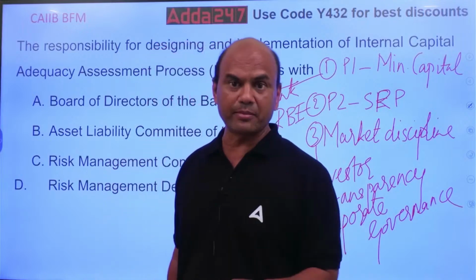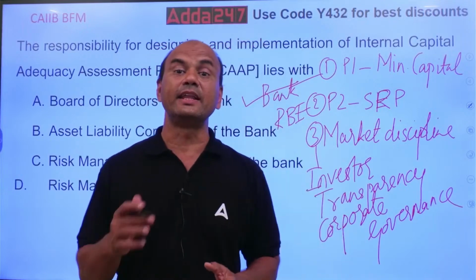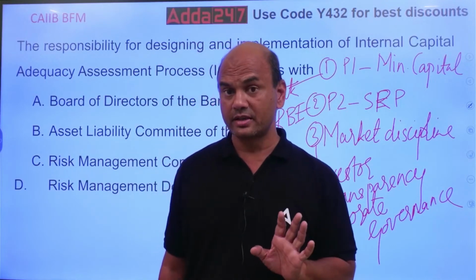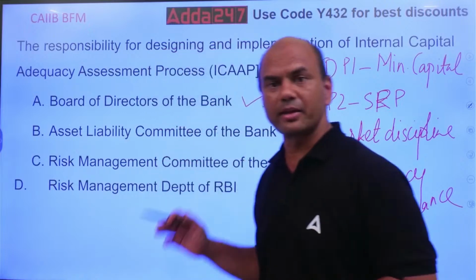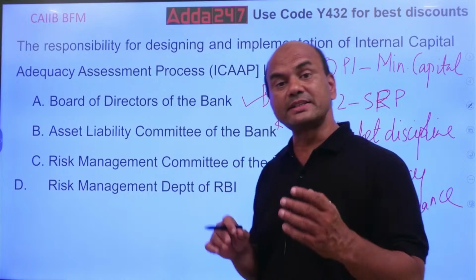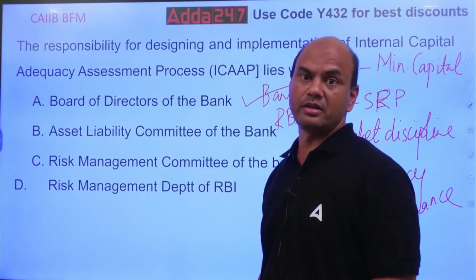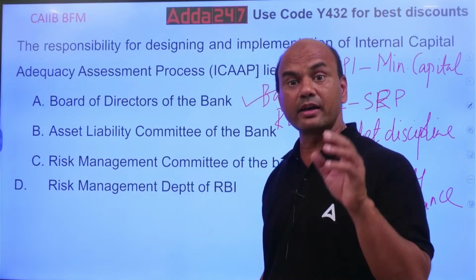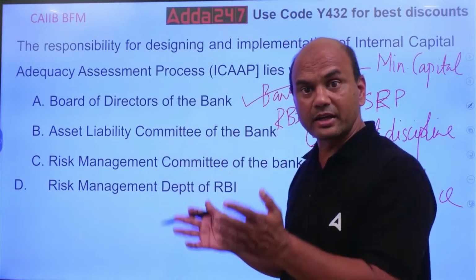And this ICAAP document is basically a challenge to the pillar 1. Everyone understand this? See here, every bank has its own ICAAP document. And what does RBI do? RBI challenges that ICAAP document. That your ICAAP has these loopholes. Kindly correct them. This is my standard documentation.